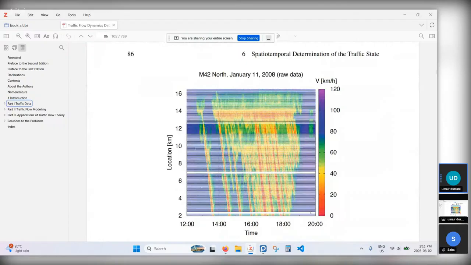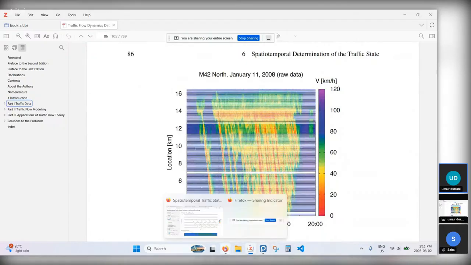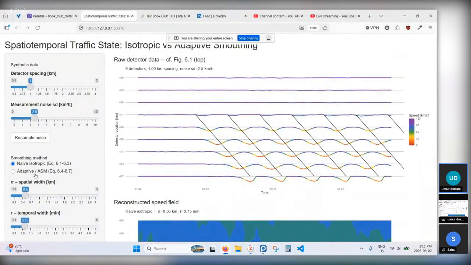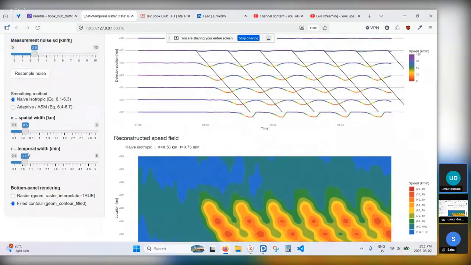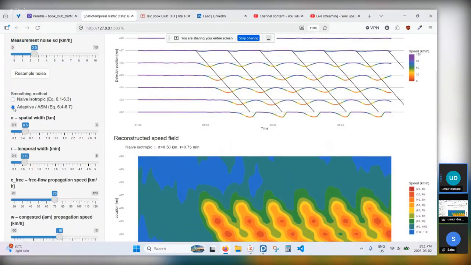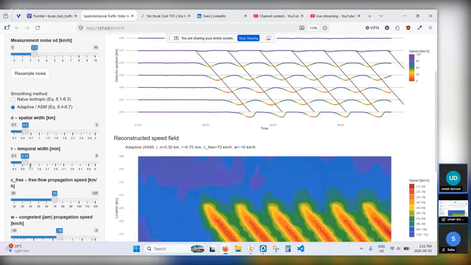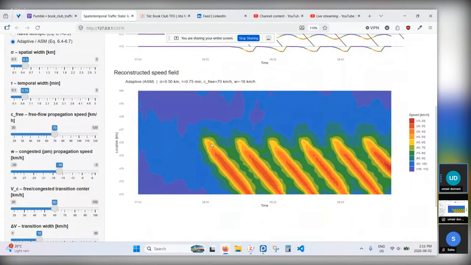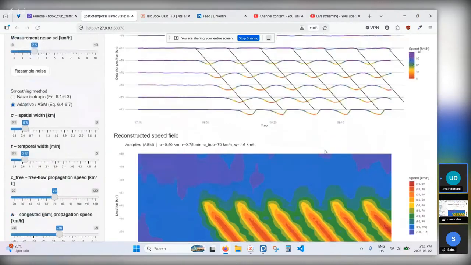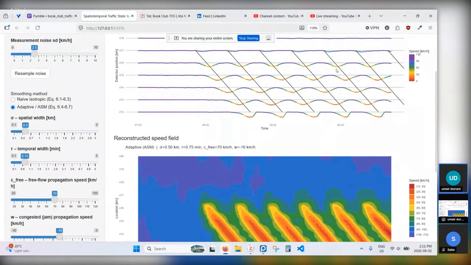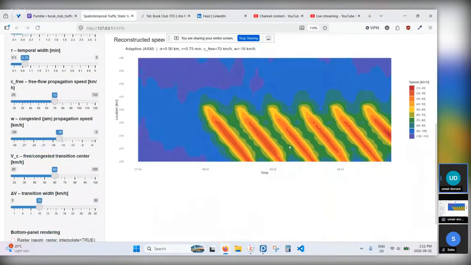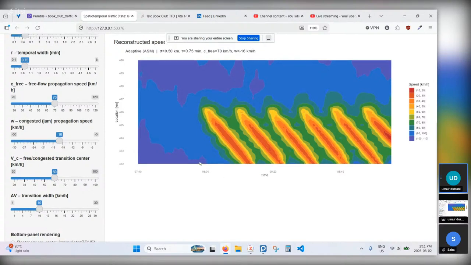So based on that, if we now go back to the app, and we select the adaptive smoothing method, we have all of these parameters. And you can see that that egg carton pattern is gone. And we now see those stop and go waves as they were shown here on the detectors. Those are also showing up in our estimate of the field of speed.